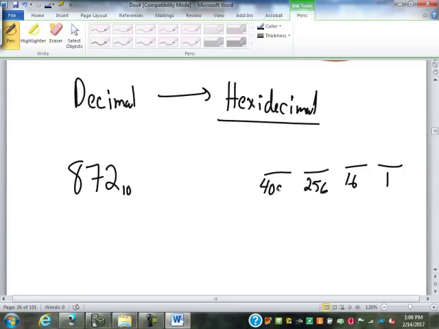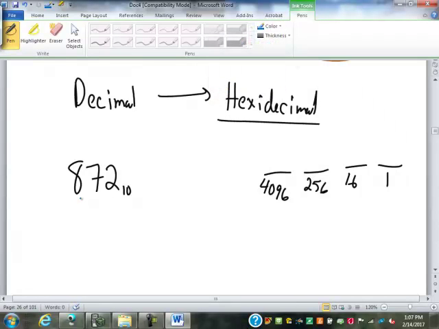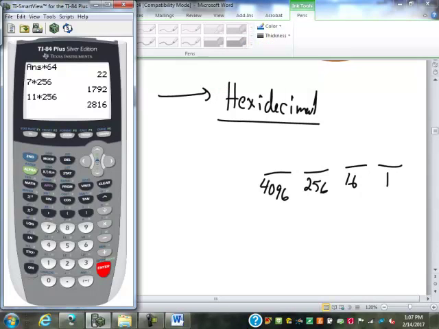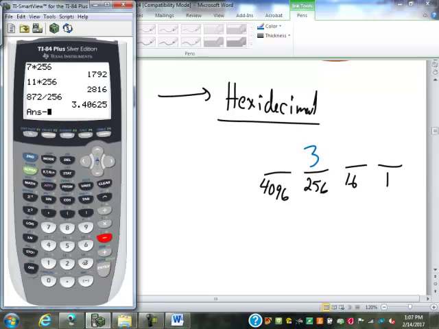That seems to be as high as they're going, is the 256. So again, 872, what's the largest digit we can take out of it? The 256, right? So we're going to divide by 256. It's going to give us 3. So you put the 3 in the 256. Now I'm going to subtract my 3 and multiply back by 256.